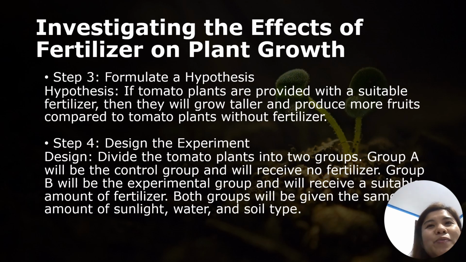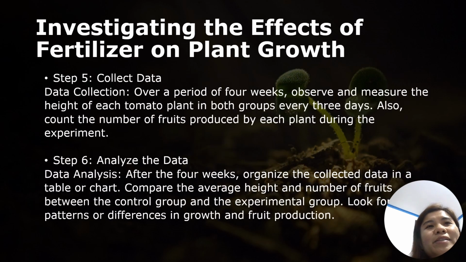So both groups will be given the same amount of sunlight, water, and soil type. This same plant, no? Same tomato plant, for example. So that is a step 4 example, step 4 answer.